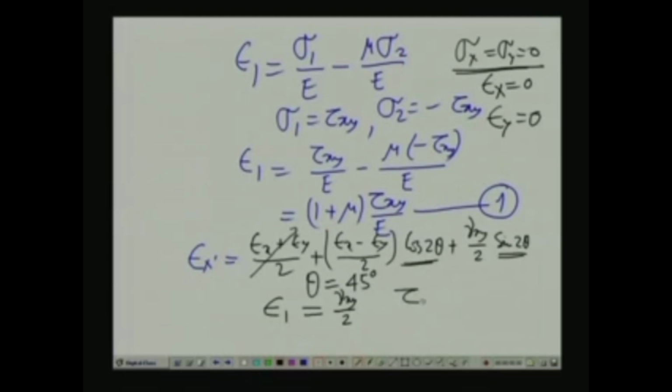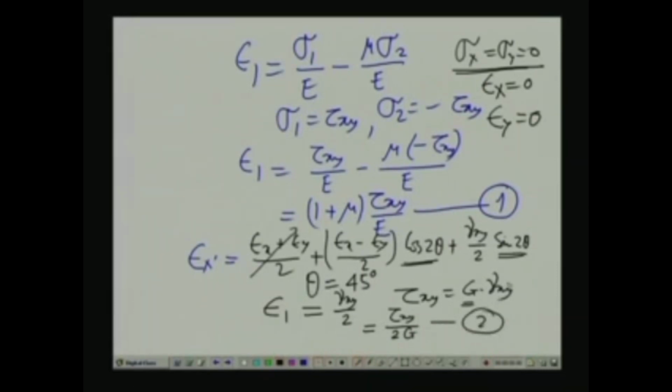So, you can write tau xy, the shearing stress, is equal to G times gamma xy, where G is the shear modulus. Now, you can substitute gamma xy in terms of tau xy as tau xy by G, so epsilon 1 is tau xy by twice G. So, this is our second equation.